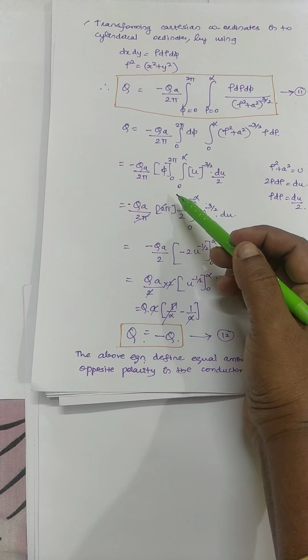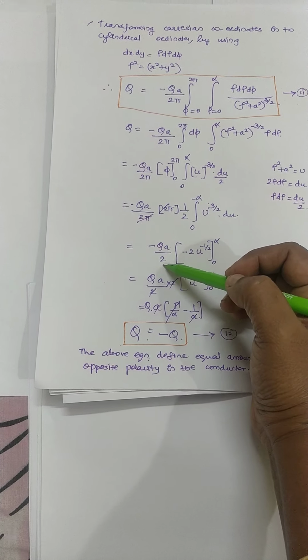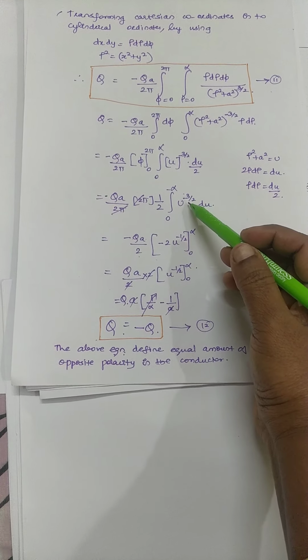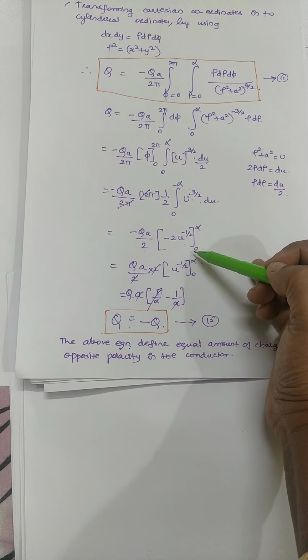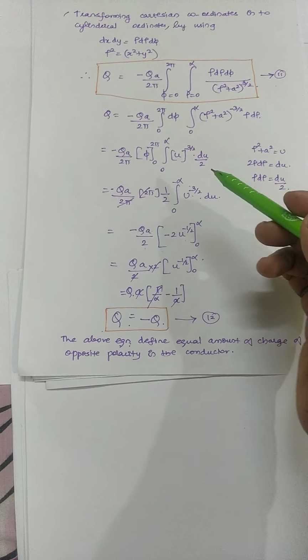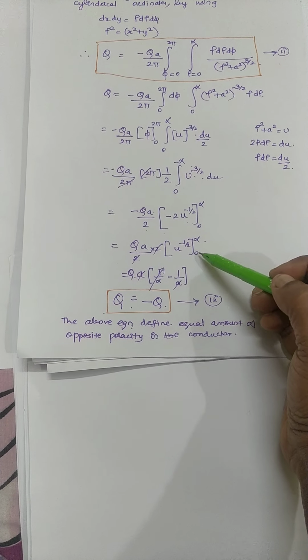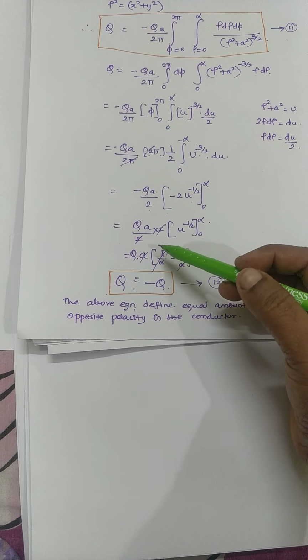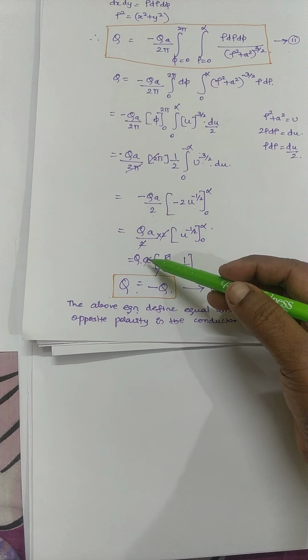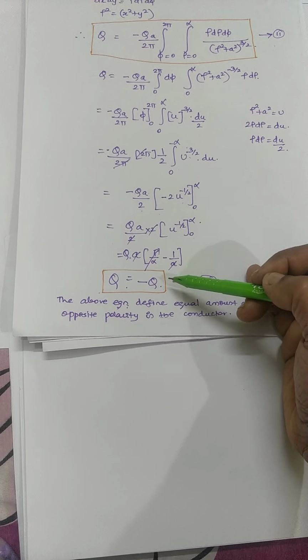Upon cancellation of all necessary terms, it becomes minus qa divided by 2, times the integral of u power minus 3 by 2 du, which is minus 2u power minus half, with limits 0 to infinity. When we substitute the upper limit minus the lower limit, the a's cancel out. 1 by infinity is 0, so you are left with Q equal to minus Q.